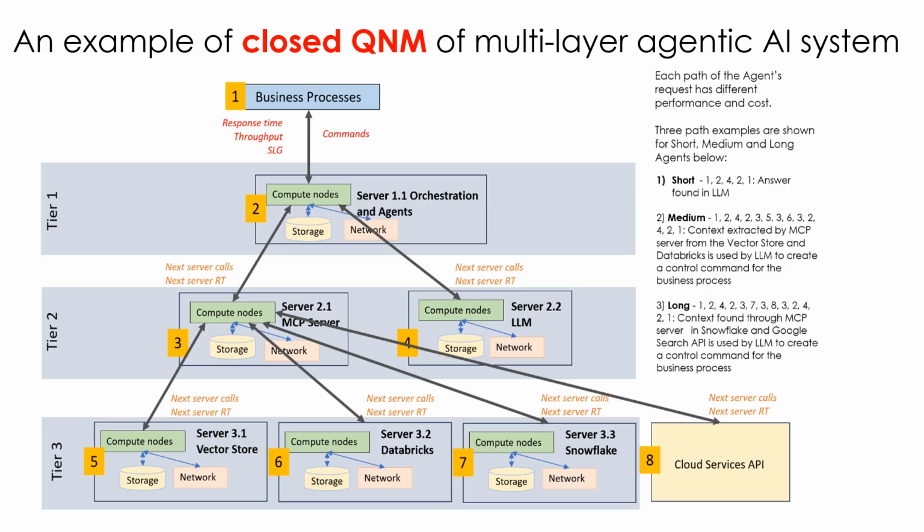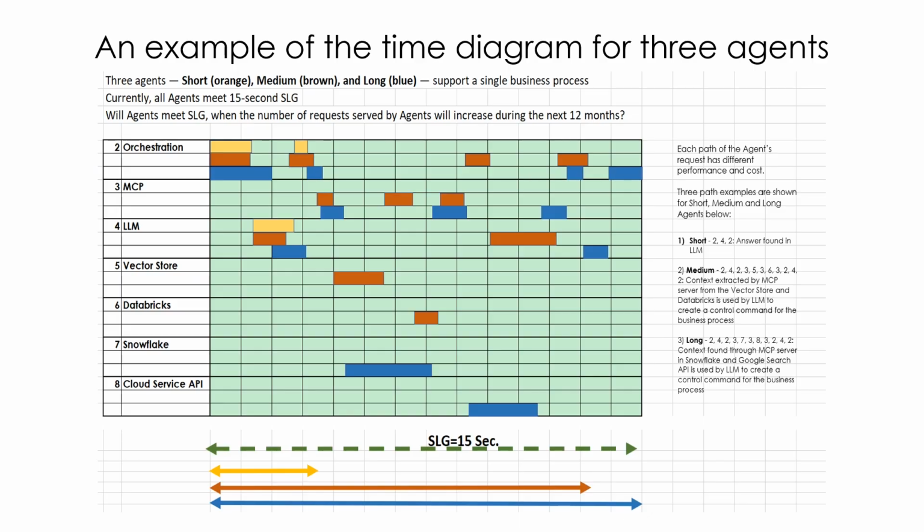Queue network models work in tandem with gradient optimization. The objective is to determine the minimum configuration and workload management changes needed to meet service level goals. The work is organized in multiple steps.